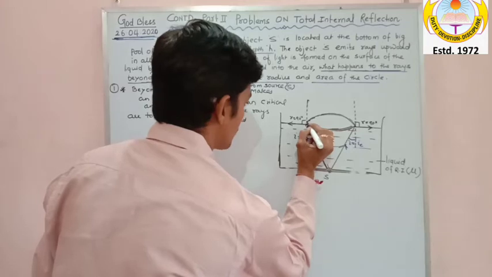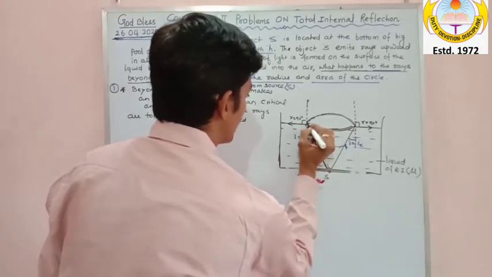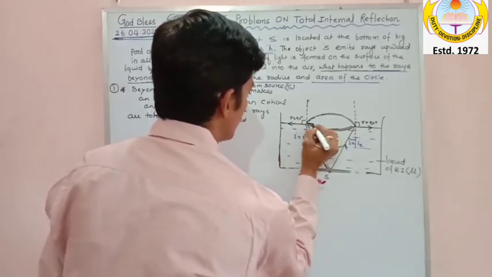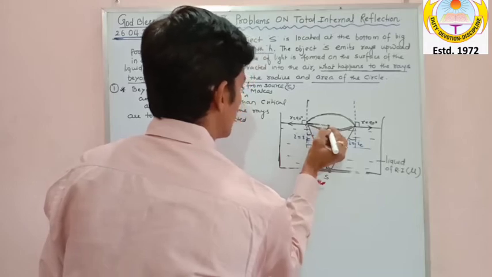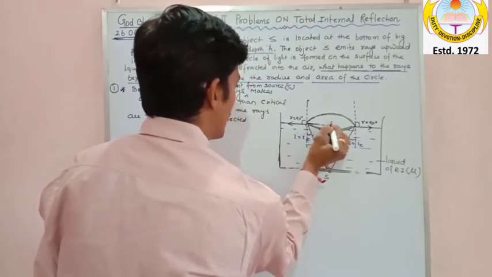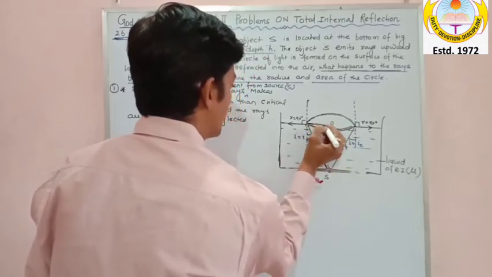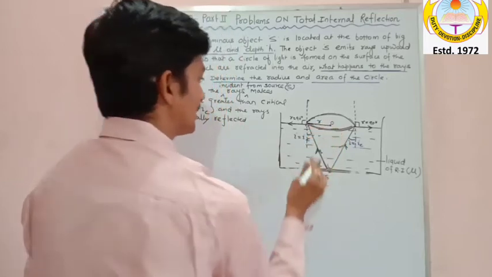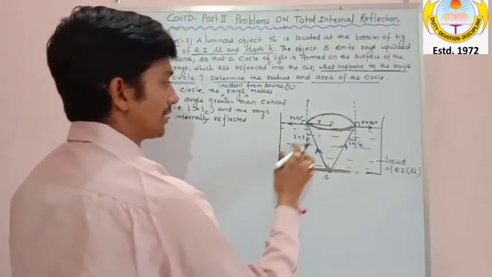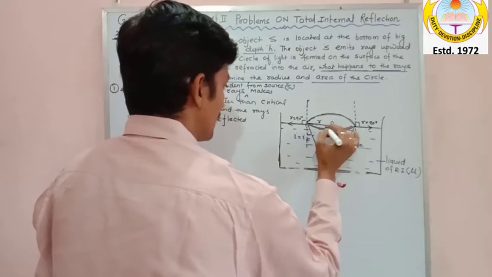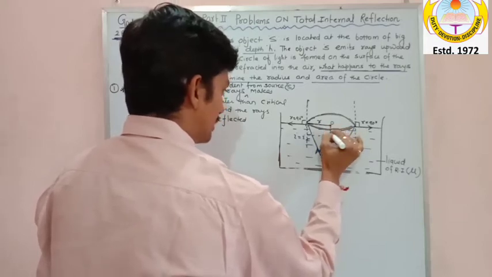Now next, let me take the height. Here I have drawn, say, this is the center, and this is r, that is the radius. Radius is taken as r, and here, my dear, let this be your height.